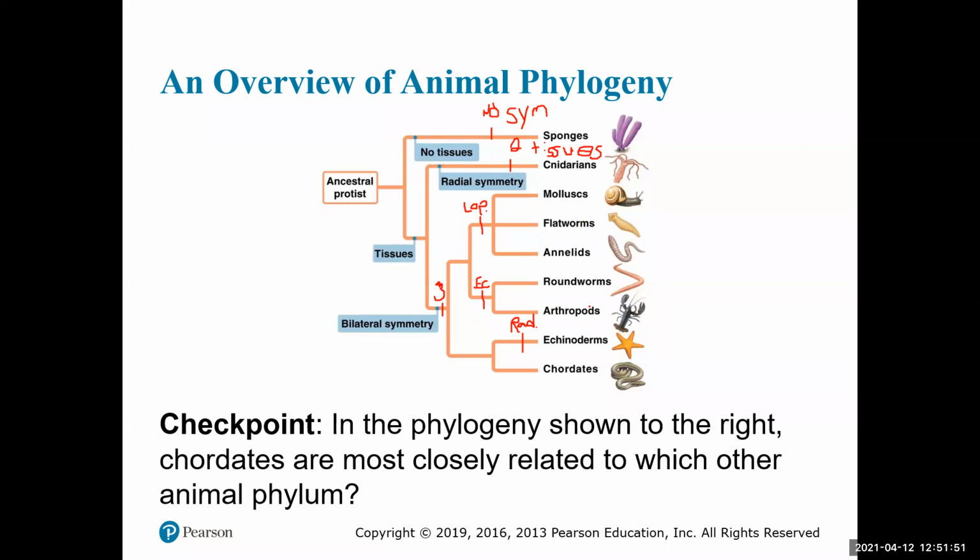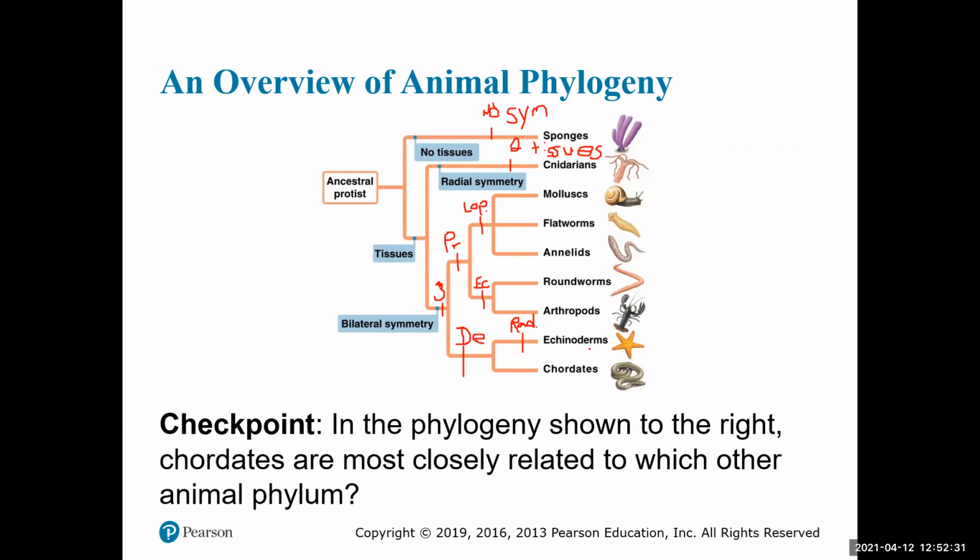Now, a final difference that really separates phyla on this tree is the way their early development happens as an embryo. And we can have what's called protostomes and deuterostomes. Okay? These organisms here are protostomes. So we're just going to say PR for protostomes and then DE for deuterostomes.